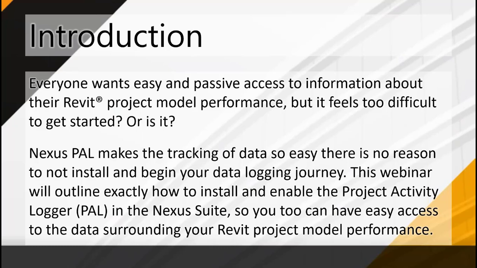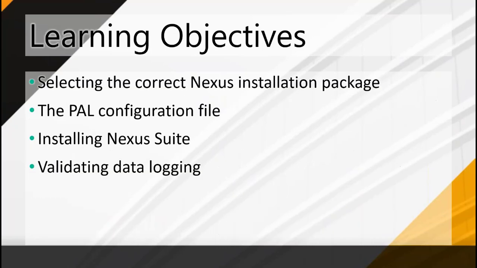If you're using Nexus and you're just using the latest version, you can see exactly how easy this is going to be. We're going to go through a couple of very specific things. We're going to talk about getting the correct installation package, what you're going to need for this. You can verify in your Add/Remove Programs, if you've already got Nexus installed, whether you have some of this already on your machines. We're going to talk about the PAL configuration file a little bit, very lightly, and this is more for those of you who have been introduced to PAL in the past.